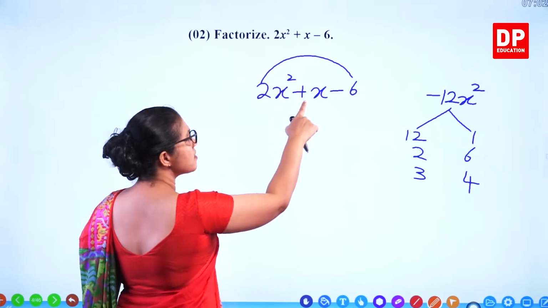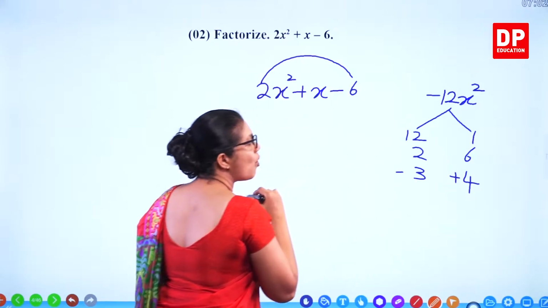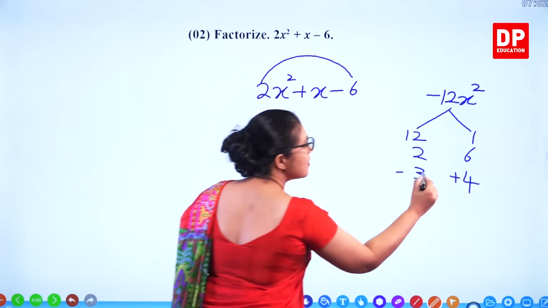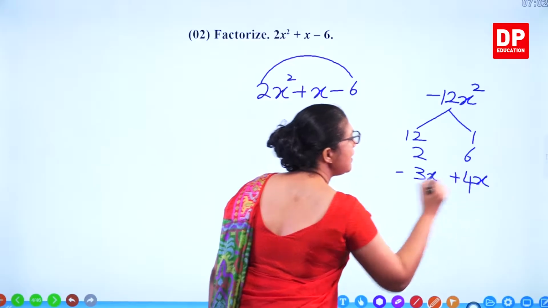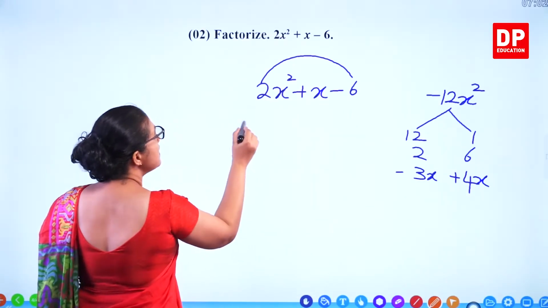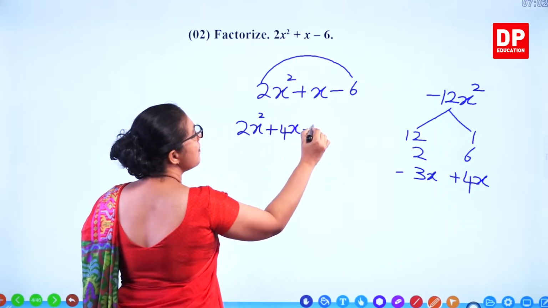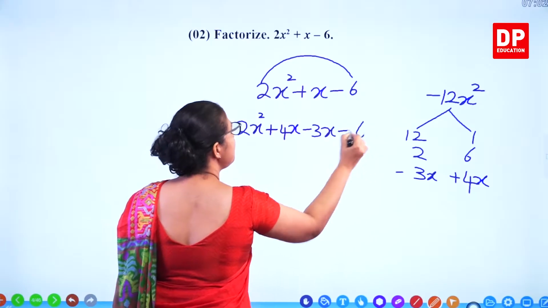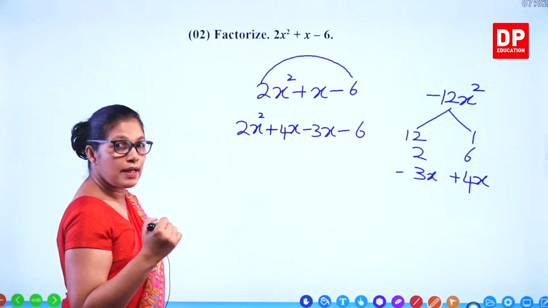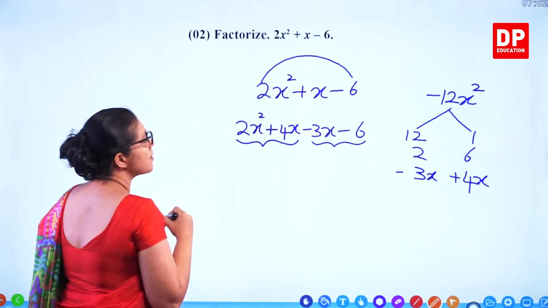How do you get plus 1 there? The bigger number should be plus and the smaller one is negative. So this is minus 3x and plus 4x. You are splitting the middle term into plus 4x and minus 3x. Now, what's the next step? Take 2 at a time and factorize.